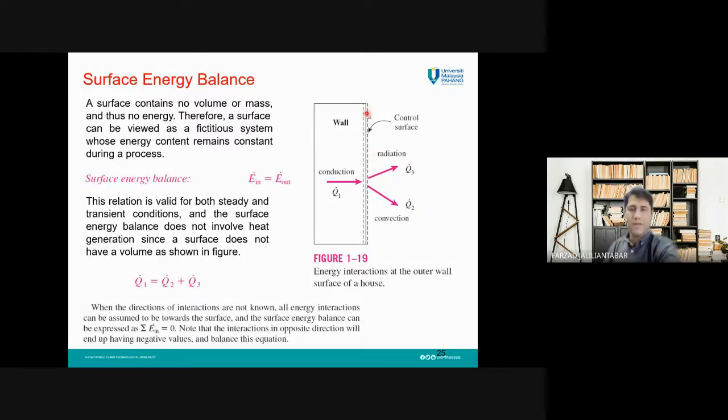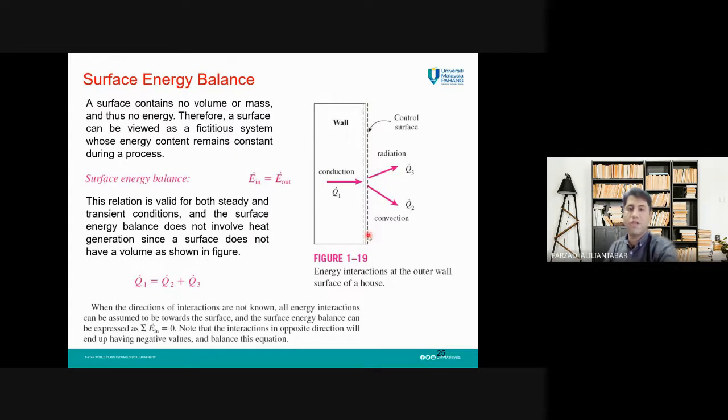Because it doesn't have any mass or volume, heat also cannot be generated on the surface. So our surface energy balance equation will be like this: E dot in will be equal to E dot out.